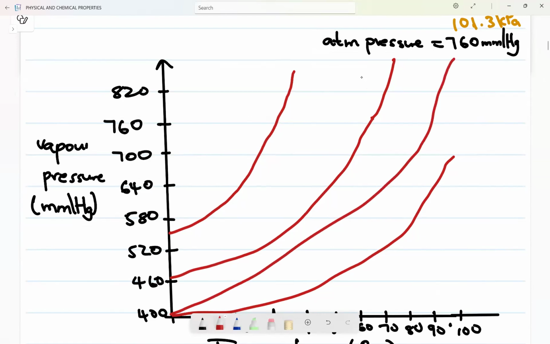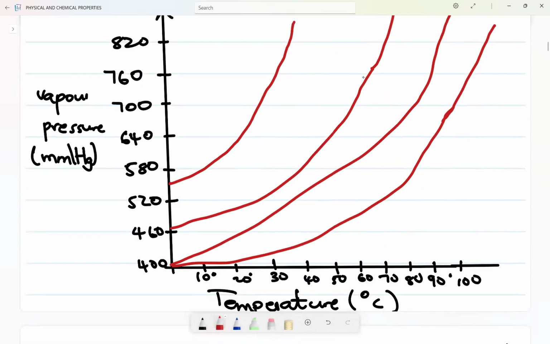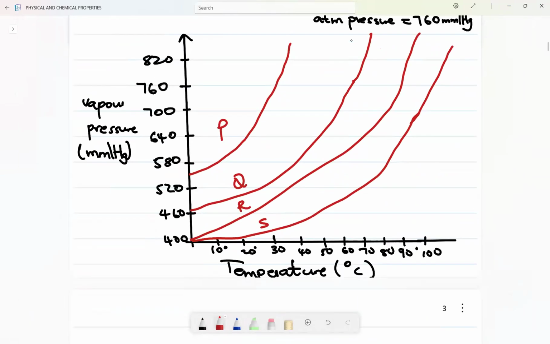Now let's be in a position of knowing how to interpret these graphs. Now let's name these graphs P, Q, R, S. Let me hide this and zoom a little bit down like that.